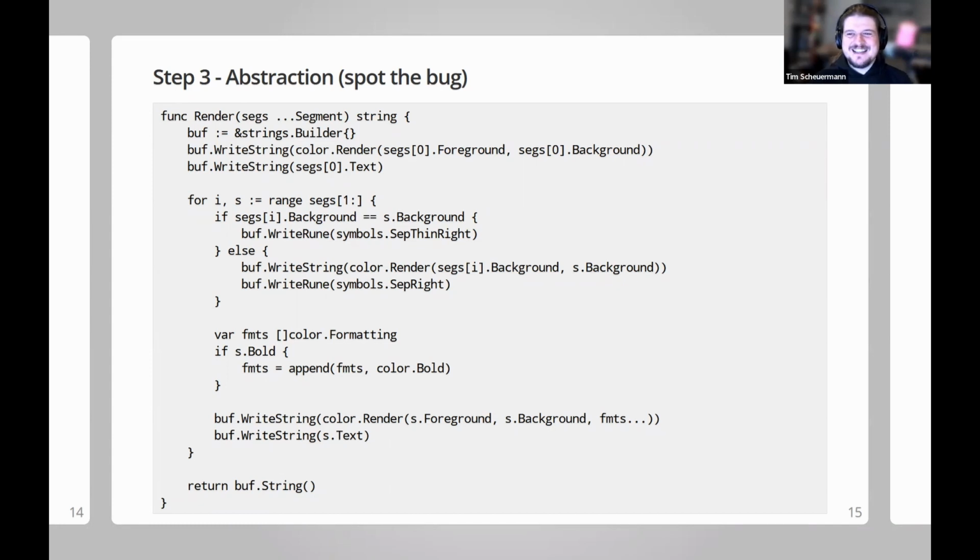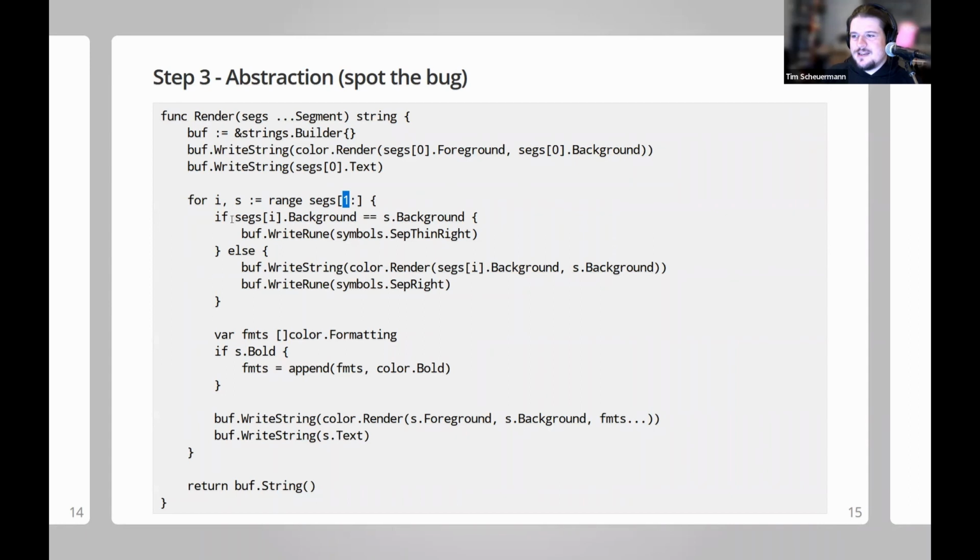I'm using a somewhat confusing piece of code here, because if you look up here, the range begins at 1, so this is already shifted by 1. So if i is 0, then I'm actually referring to segments 1.